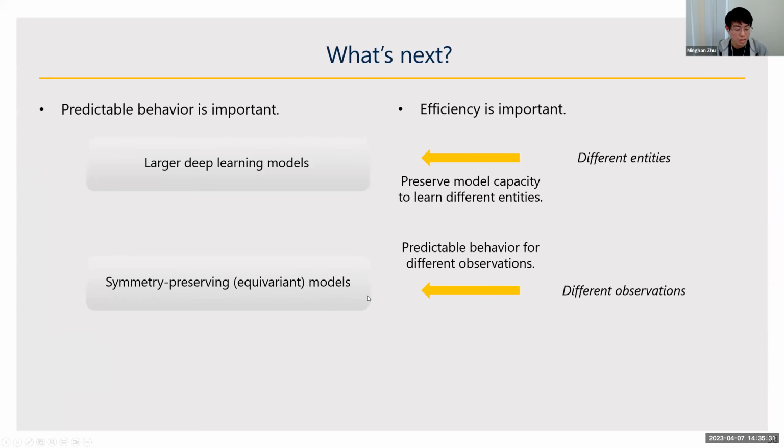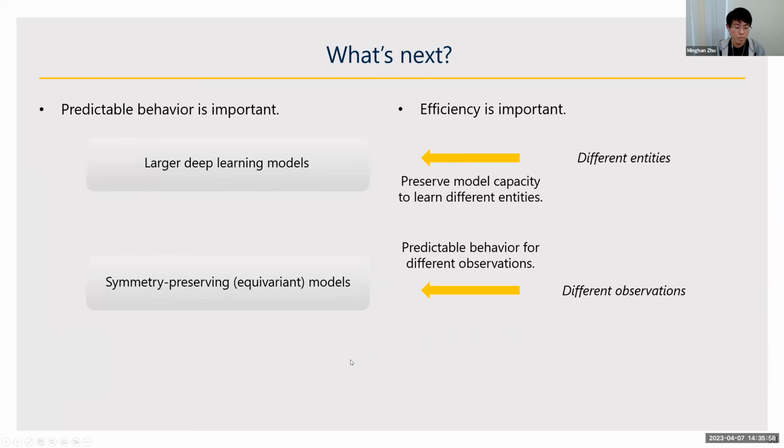Here I come back to the figure I showed at the beginning of this presentation. That is, we want to treat the different observations and different entities differently. Using these equivariant models, we can preserve the symmetry so that we can deal with the different observations reliably with predictable behavior, so that we can save the model capacity to actually learn the different entities.